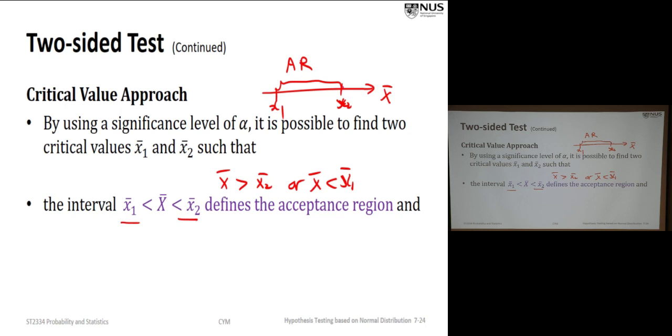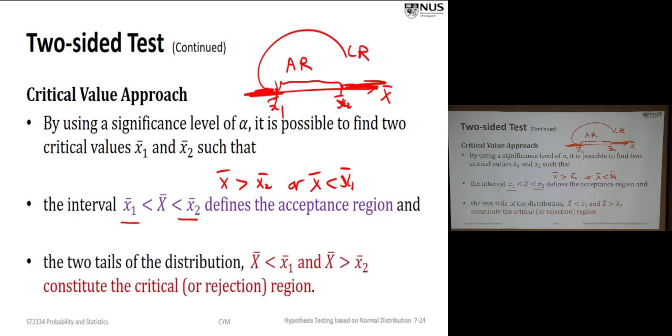So this part and this part, these two parts, are the critical region or rejection region. All right. So how do we determine X1 bar and X2 bar, these two numbers? We need to know the distribution of X bar under the null hypothesis. All right.